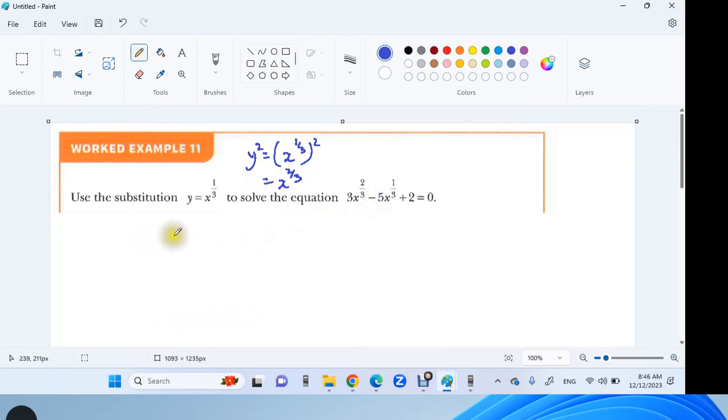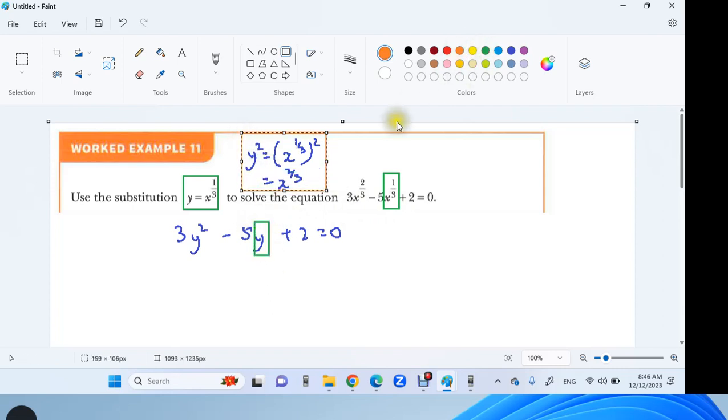So this one will become 3y squared minus 5y plus 2 equal to 0, because y is this, x power 1 over 3. This is the y, and this is the y squared.